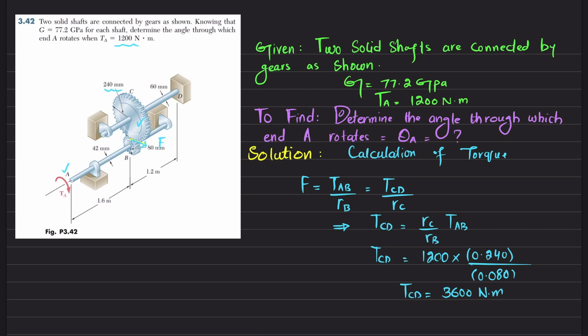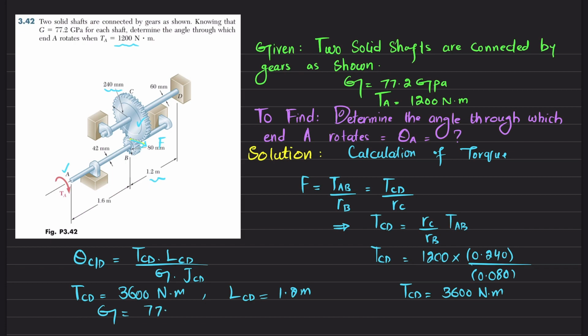So we'll calculate the angle of twist of point C with respect to D, which is equal to TCD into LCD divided by G into JCD. TCD is available, equal to 3600 Newton meter. The length LCD is 1.2 meter. G is given as 77.2 gigapascal, so 77.2 into 10 raised to the power 9.